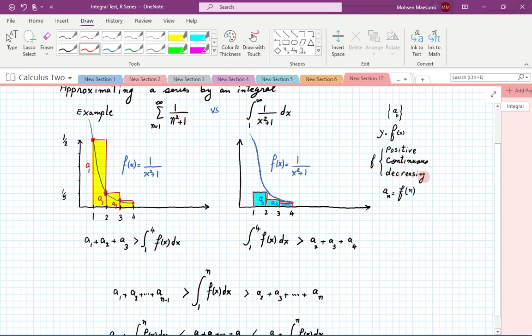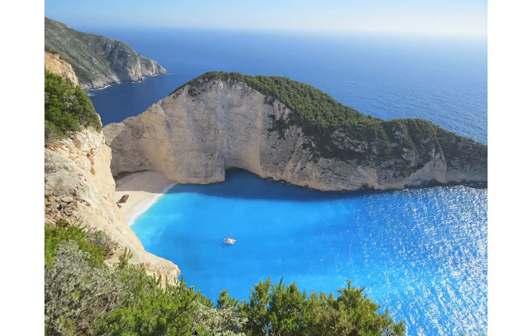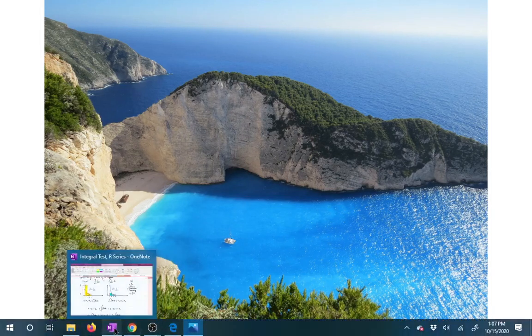When it comes to decreasing, how do we figure out if a function is decreasing? Remember from calculus 1, we had a standard method for establishing that the function is decreasing. Let me see if you can pause for a second and tell me, how would you tell if a function is a decreasing function? Did you remember what you do?